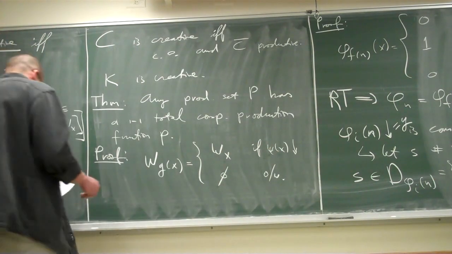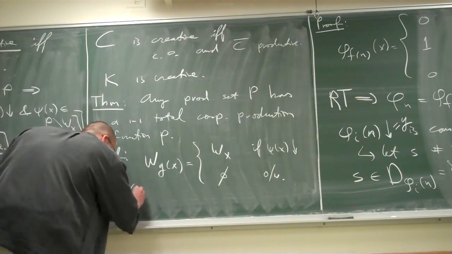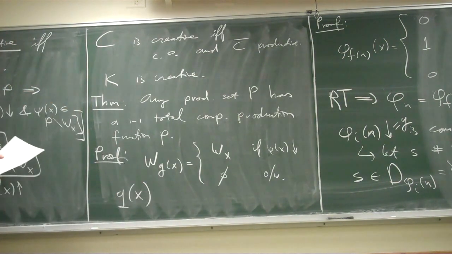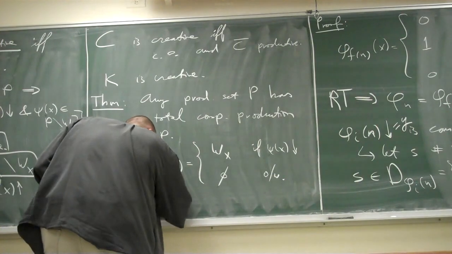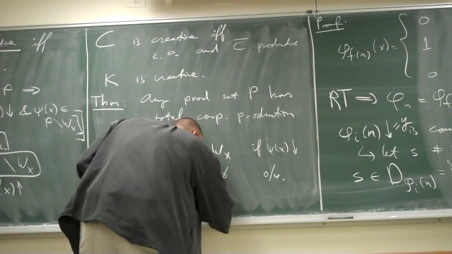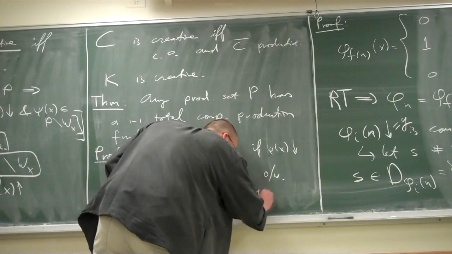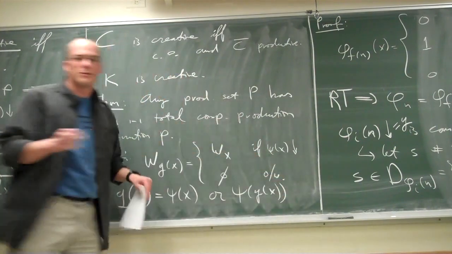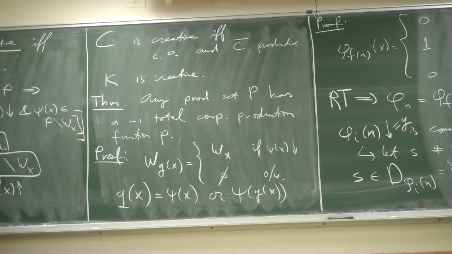So now we can define our total function. Q of x is equal to psi of x or psi of G of x. Now that's of course a ridiculous definition, because these things are likely different.